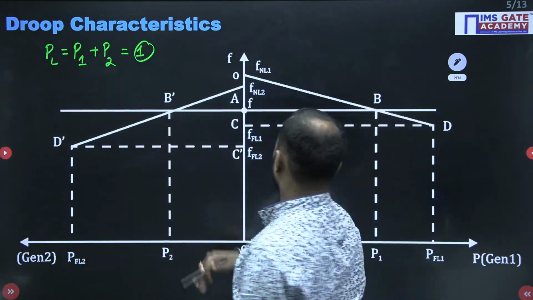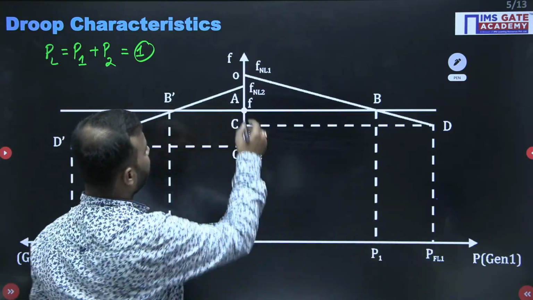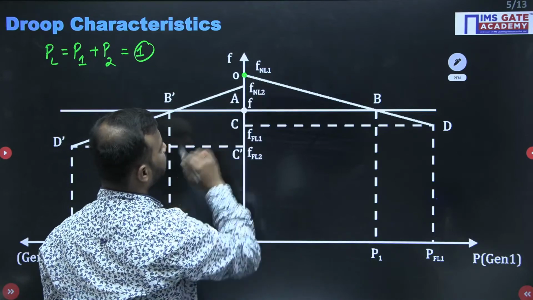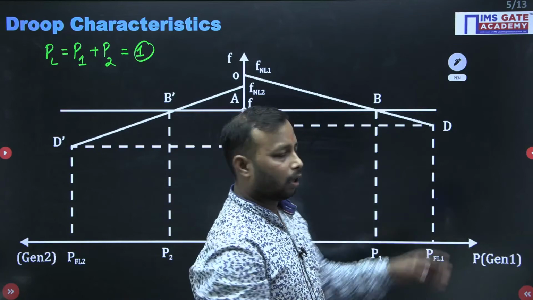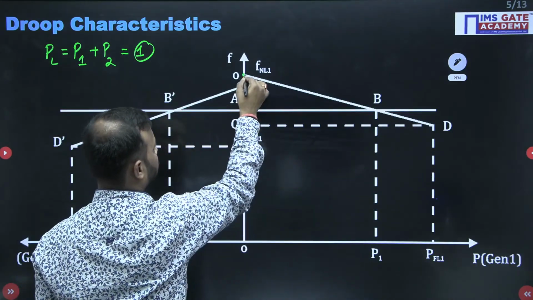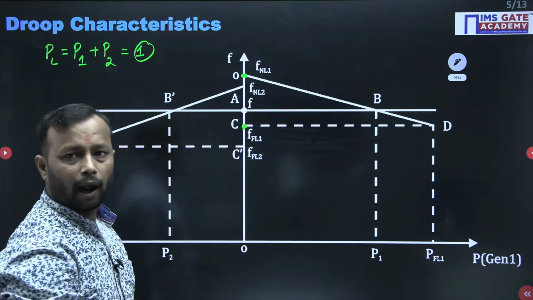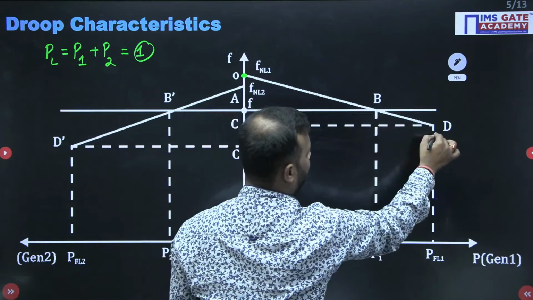Okay. See, this is generator 1, where this is the no load frequency, and at the rated value of generator 1 the frequency is this. And this is the droop curve for generator 1, this straight line.